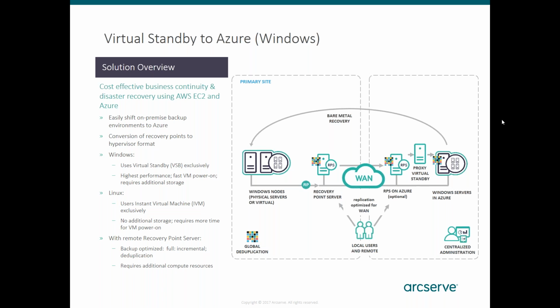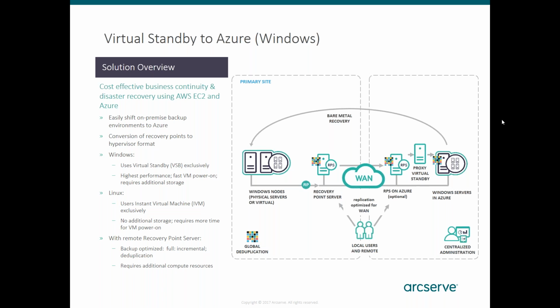So for Linux, it's slightly different. For Linux servers, we have to use our instant virtual machine recovery. IVM allows you to basically spin up a backup directly from the backup data sitting either in your local RPS or your Azure RPS.